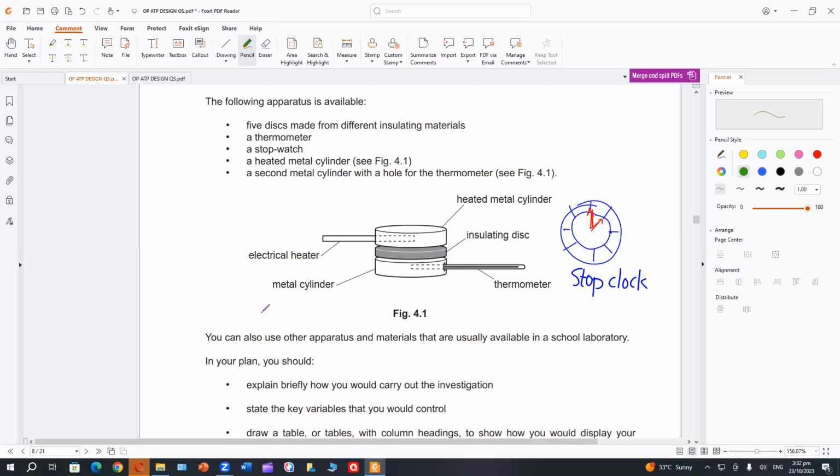Now, the insulating material which gives the least temperature rise will be the best insulator. And the material which gives the maximum temperature rise will be the worst insulator.